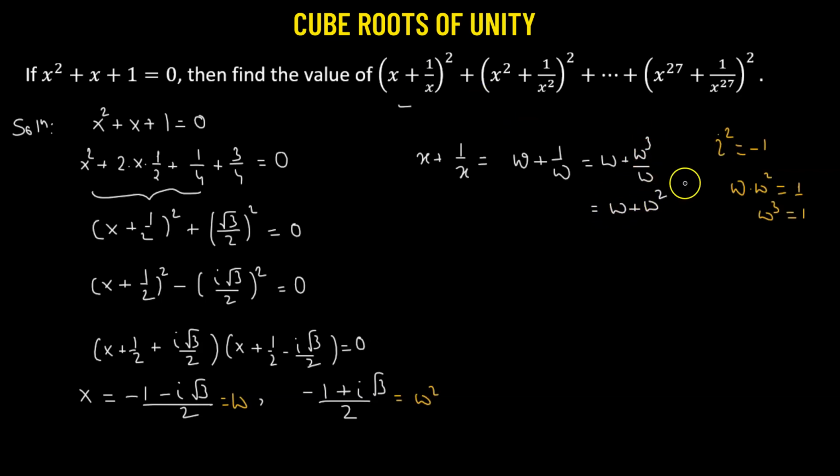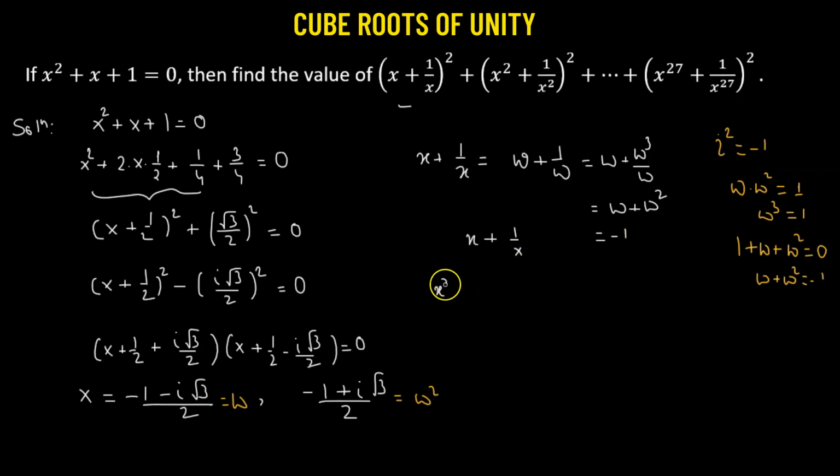We also know that for the cube roots of unity, 1 plus omega plus omega squared equals 0. So that means omega plus omega squared is equal to -1. So x plus 1/x has the value -1.